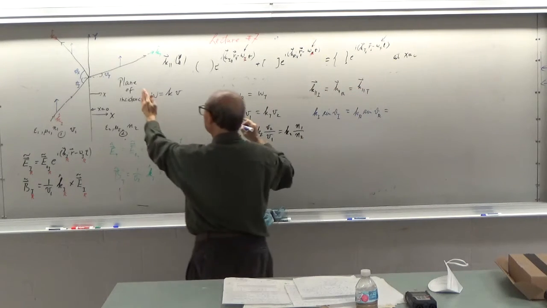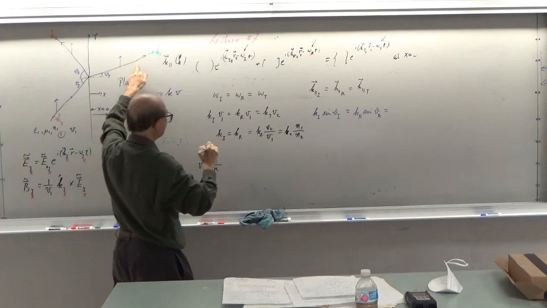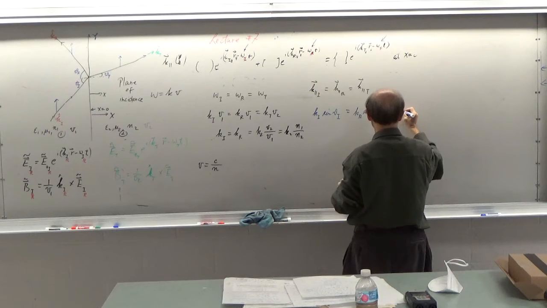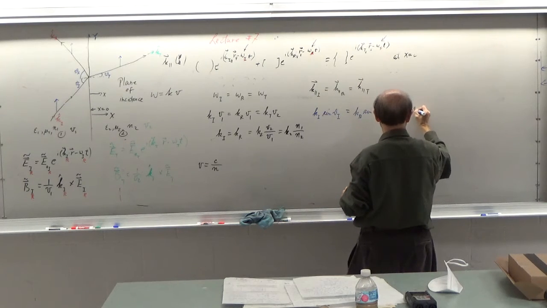And the y component for the transmitted beam is kt times sine theta t.